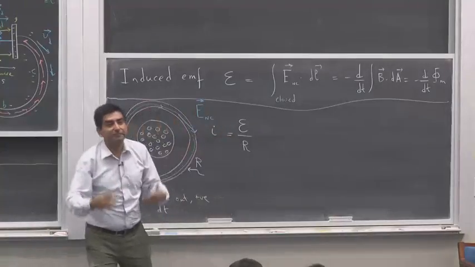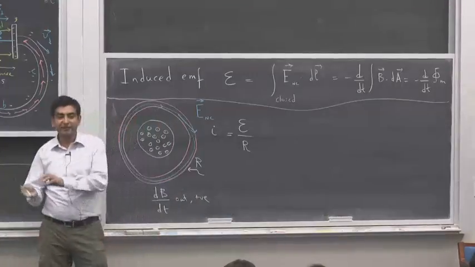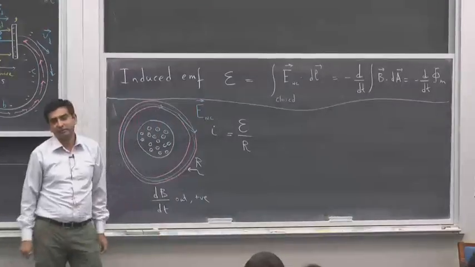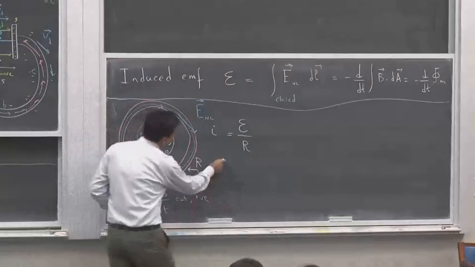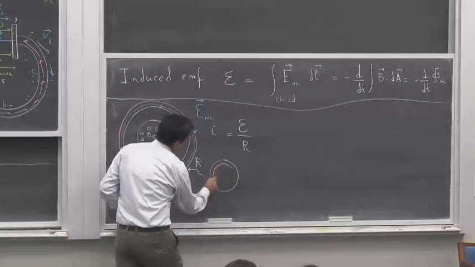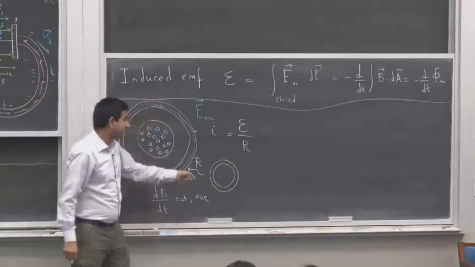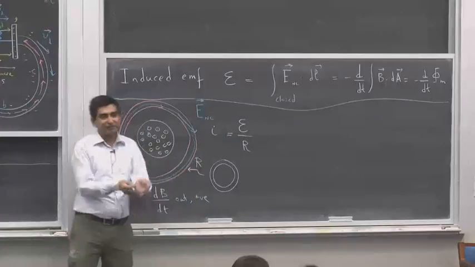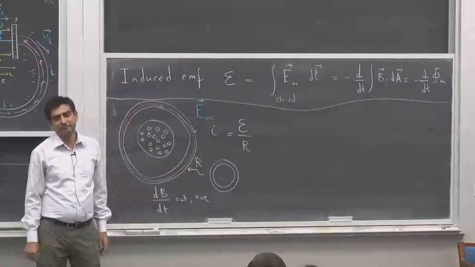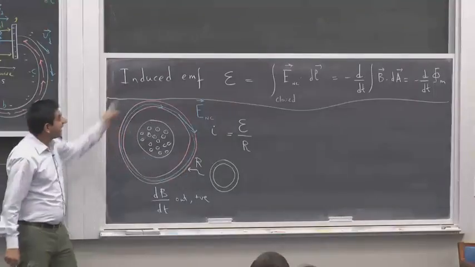You don't really need batteries to make currents flow. You can have changing fields play the role of batteries. However, if this metal ring was placed outside, there could be an electric field set up in different regions, but then there will be no current that flows through the circuit because the EMF around this loop is going to be zero. Now this non-conservative electric field can create a current.